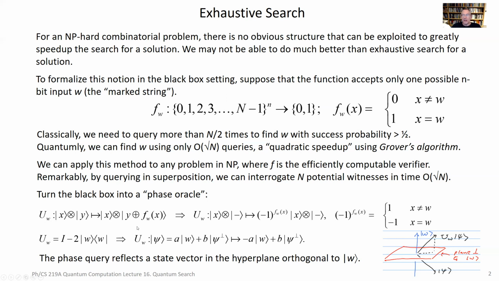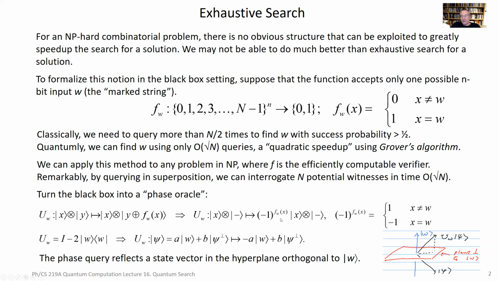Now, as we know, we can put the state |0> minus |1> divided by square root of 2 in that answer register, and the effect of that will be that what a query to this box does is it flips the phase of the state in a way that depends on the input x.